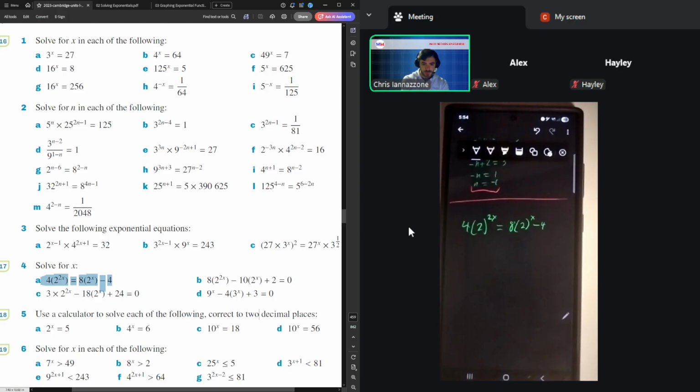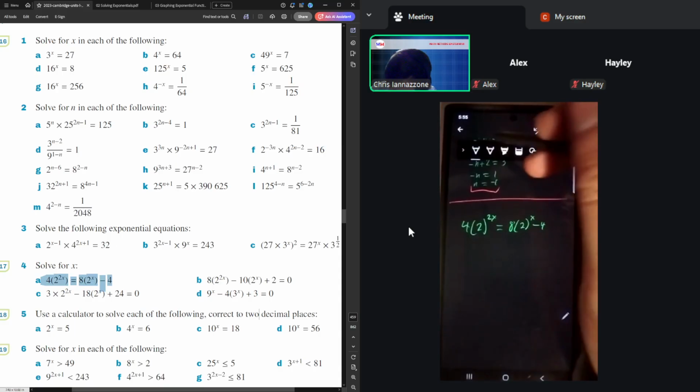It's going to be a different approach. I've already given away that we'll be doing a quadratic approach for it. 8 to the power of 2x equals 16 to the power of x minus 4. Oh, okay, so the brackets don't work quite like that.